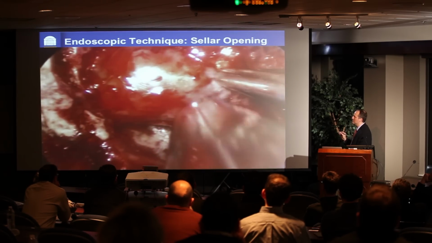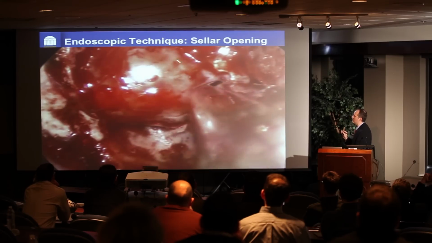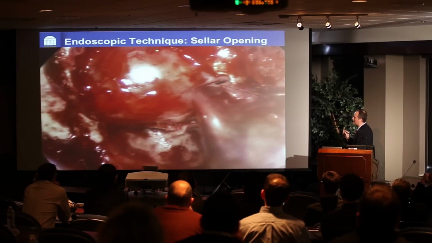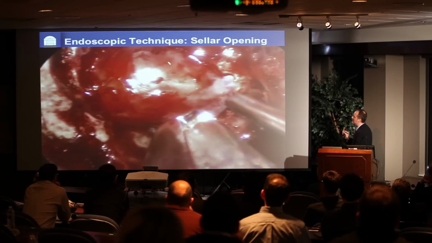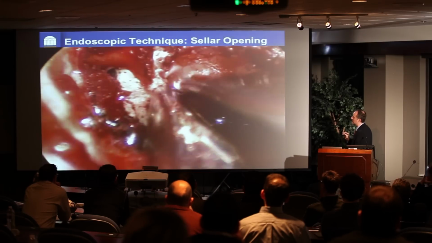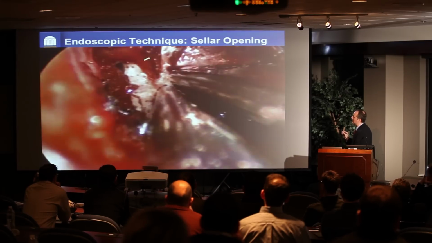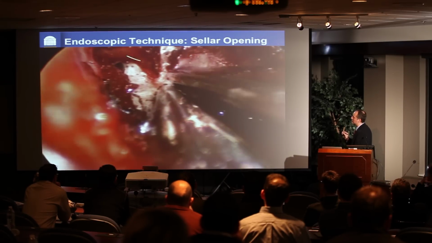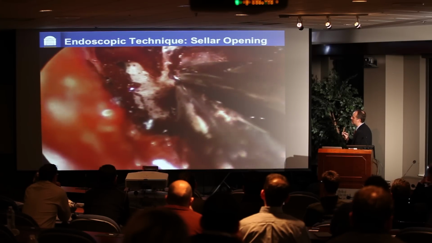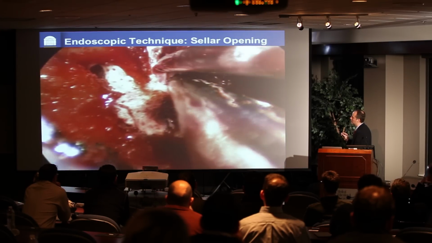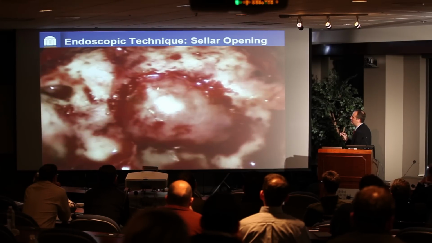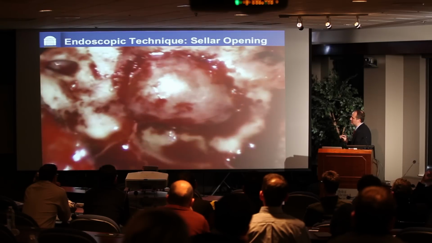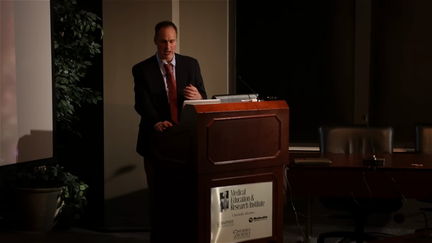It's not that every tumor has to be removed that way, but a proper exposure, I think, includes seeing that dural reflection superiorly and laterally. So the carotid, this is off towards the right side. Carotid is going to be here. And if you can see those dural reflections, then you know that you have exposed the dura properly.